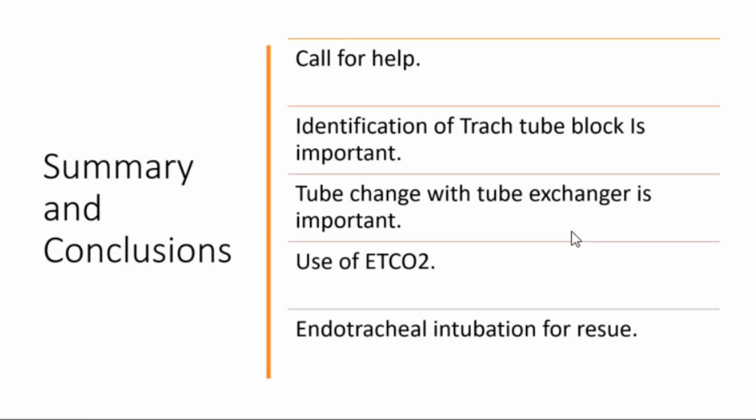If you try to use a 7.5 size tube or the adult fiber optic bronchoscope, you will mess up that case. There you will have to choose the pediatric fiber optic scope and use the smaller size tube, and intubate the patient.